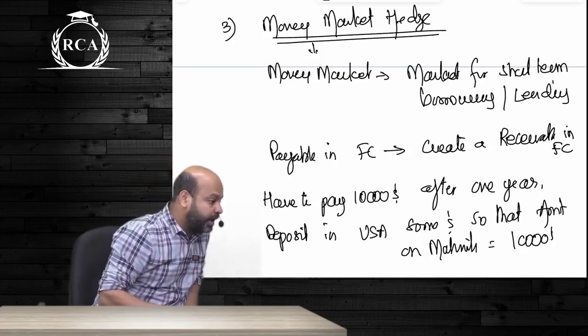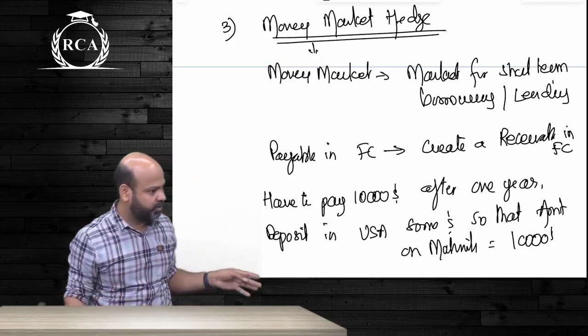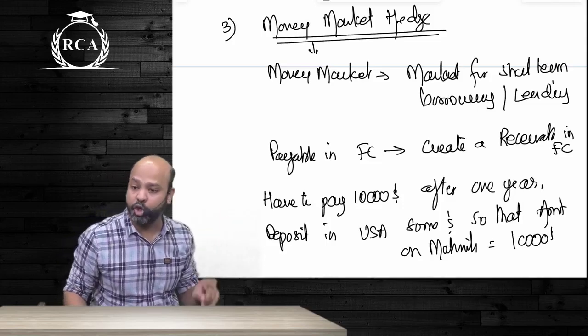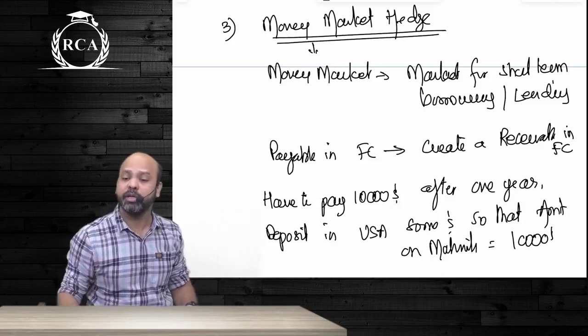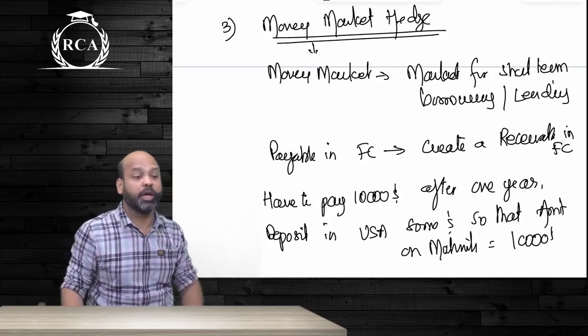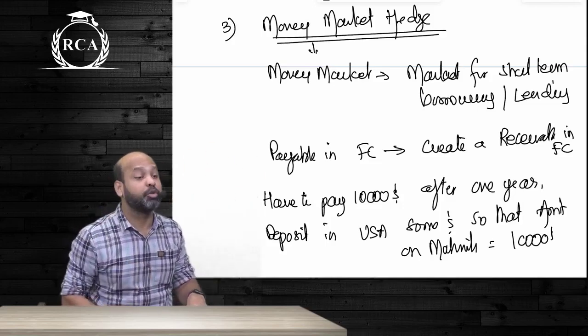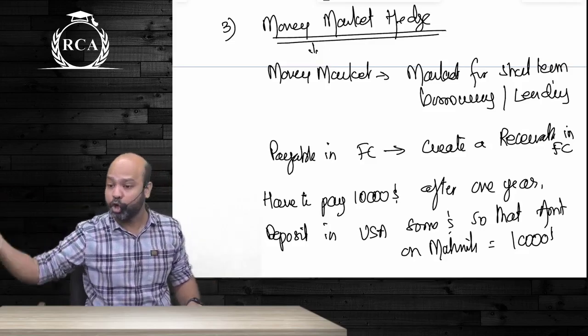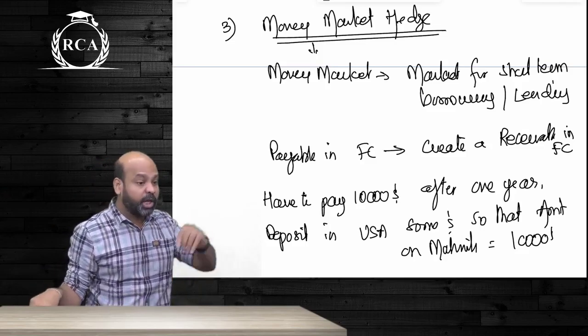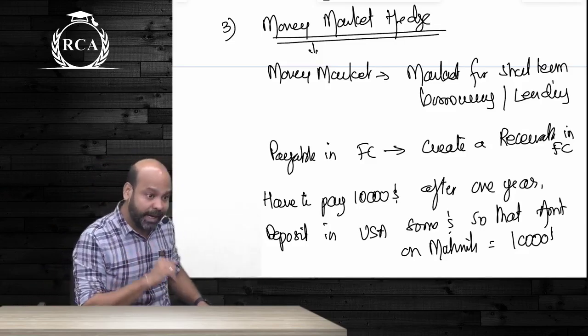Under a fair money market hedge, again it is simple. If you have a foreign currency payable, what should you do? Create a foreign currency receivable. How will you create it? You will have to deposit in foreign currency today. How will you compute the amount to be deposited? So that the amount receivable on maturity is equal to your foreign currency payable. Whatever you have to deposit today, you will have to buy at the spot rate prevailing.